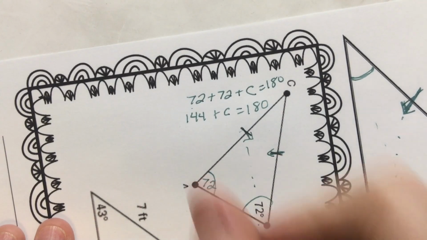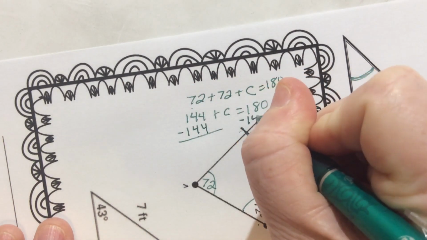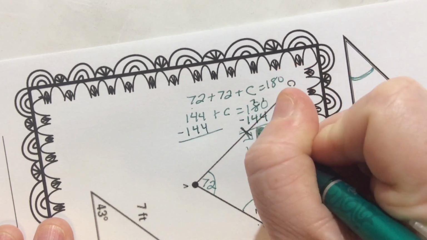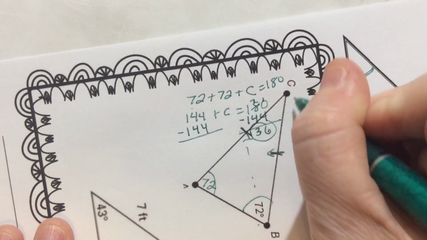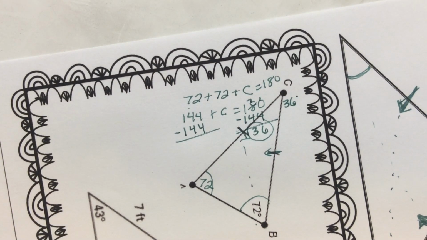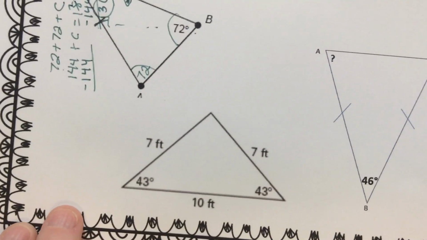All I would do right here is subtract 144, subtract 144. So I have a 6 and a 3. So that means this one up here is 36 degrees. So I just have to know which two are congruent, that's where we have a lot of trouble sometimes, okay?